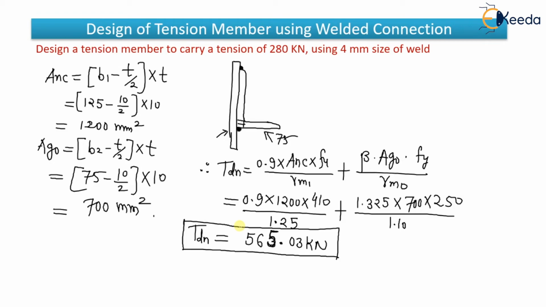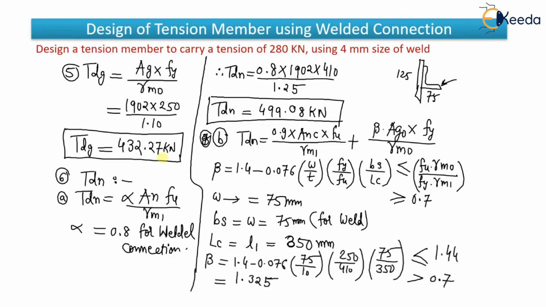Okay, now the last part remaining. See, let me tell you, this TDG was what? It was strength due to gross section yielding. This one was gross section yielding. Now what was TDN? It was net section rupture. Now only block shear is remaining.